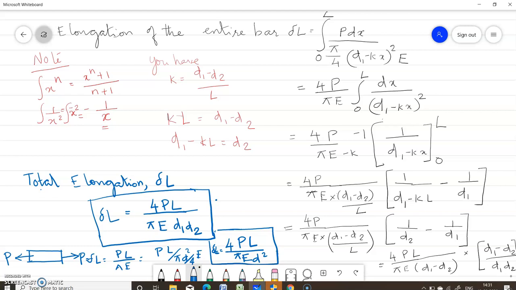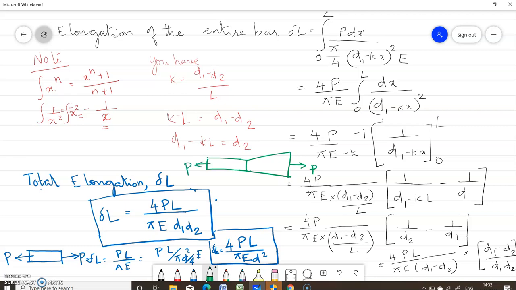So you must remember this by heart, because there will be university questions and the question will be like this. Here you will have a cross section which is uniform, and you will have a section like this which is uniformly varying, and the load will be acting like this.